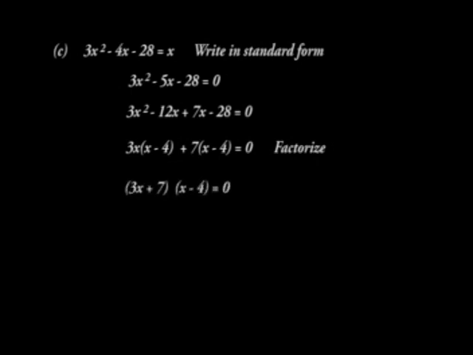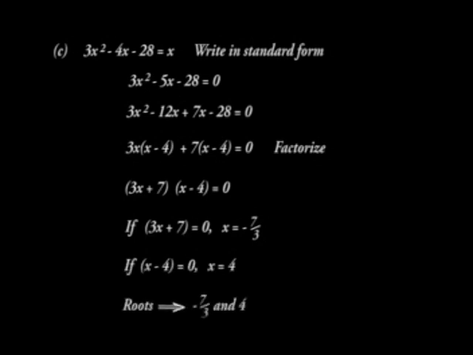Factorize: 3x into (x minus 4) plus 7 into (x minus 4) is equal to 0. (3x plus 7) times (x minus 4) is 0. If 3x plus 7 is 0, then x is minus 7 over 3. If x minus 4 is 0, x is 4. Therefore, minus 7 over 3 and 4 are the roots of equation C.